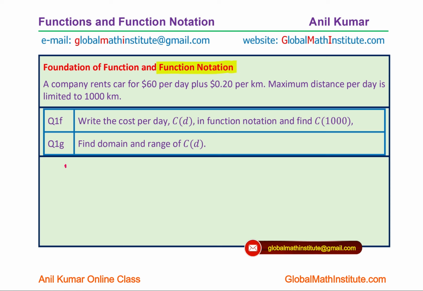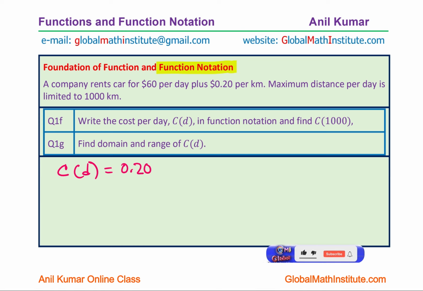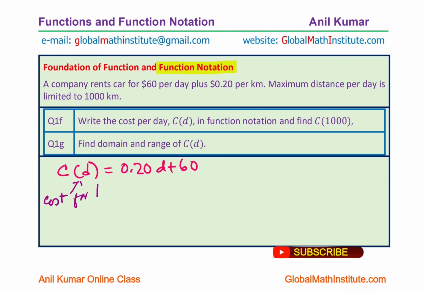So cost for distance traveled will now be written in a similar way as we did earlier, but it has a different meaning now, and the meaning is that this is the cost for distance traveled.